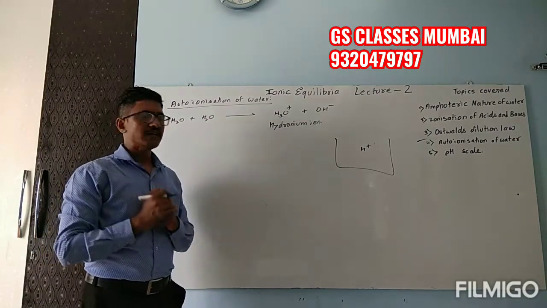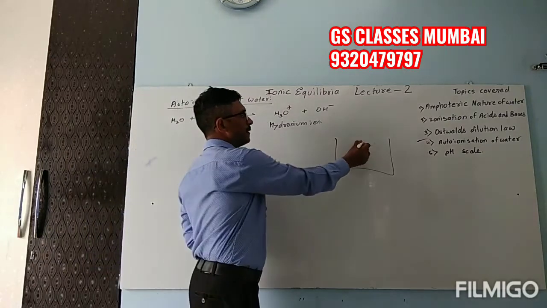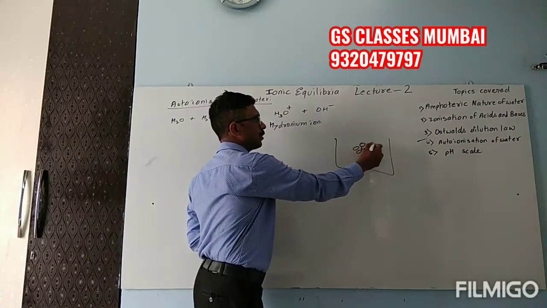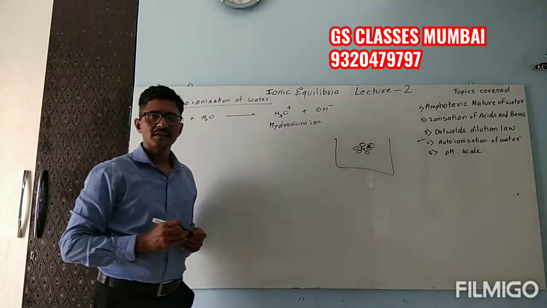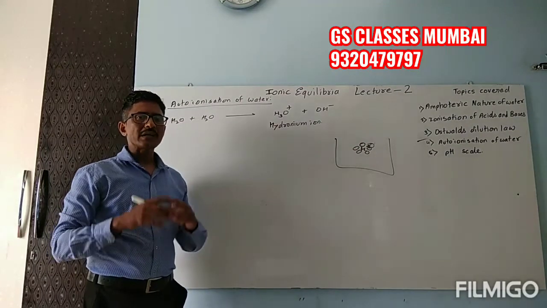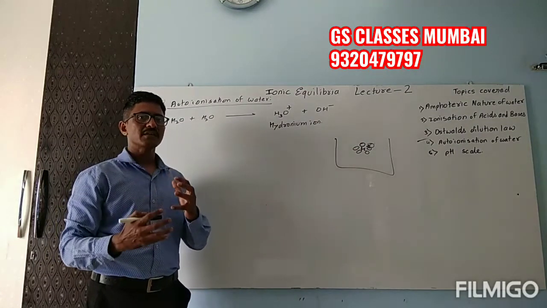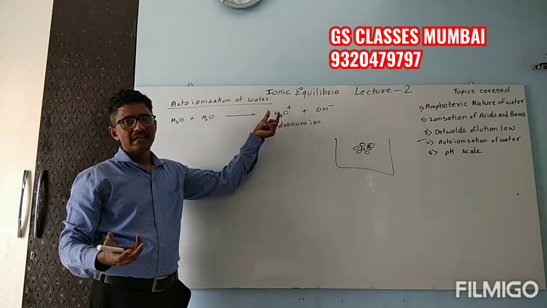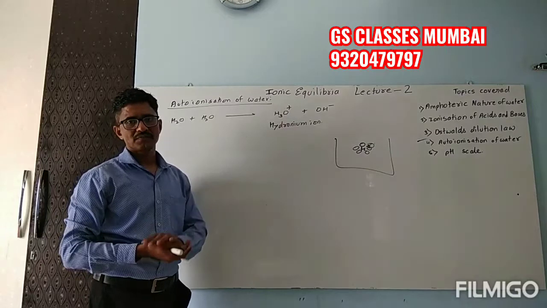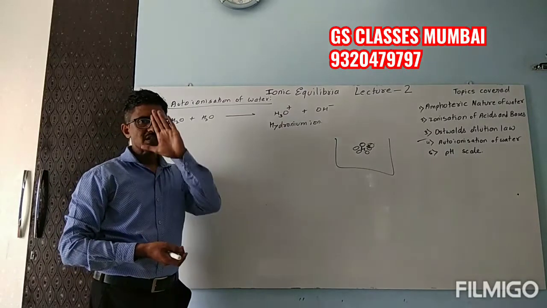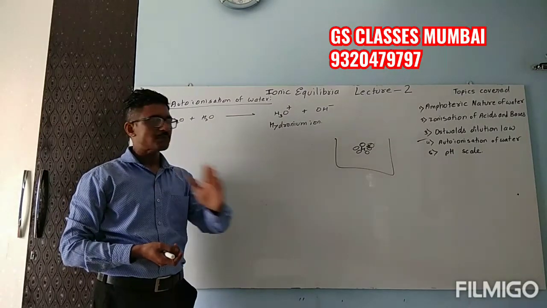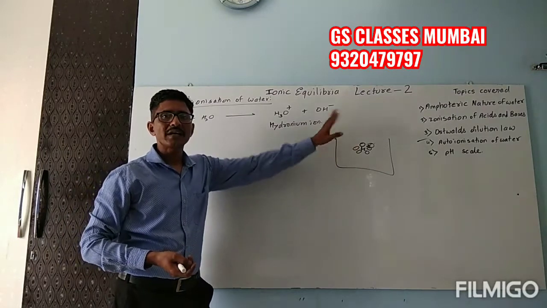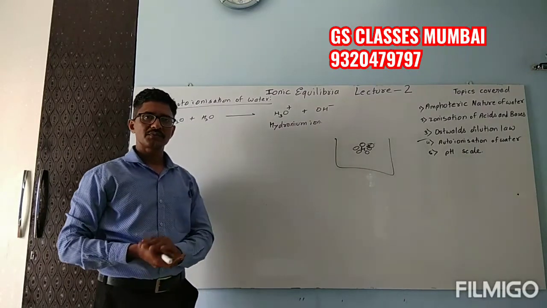In reality, one H plus ion will be surrounded by several water molecules. So to represent that situation, we have made this symbol H3O plus, which is just representing H plus ion surrounded by the water molecules.